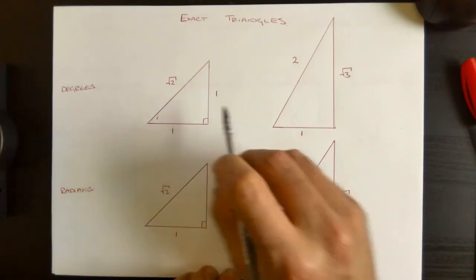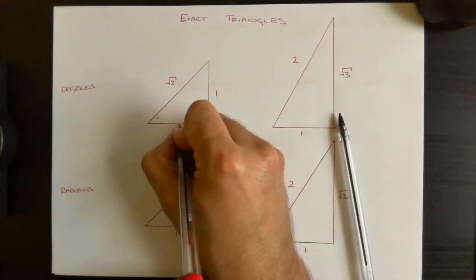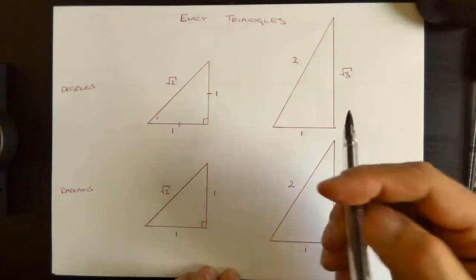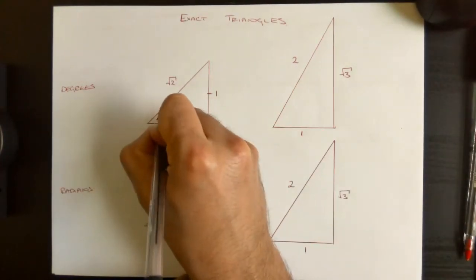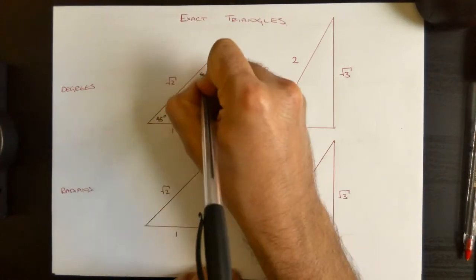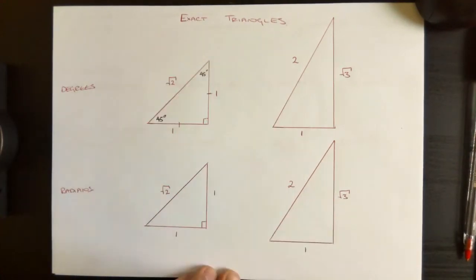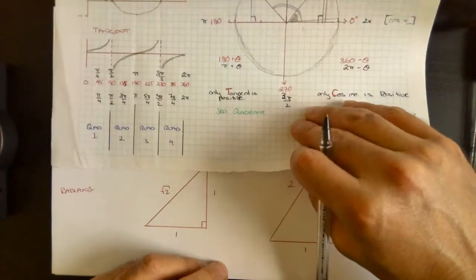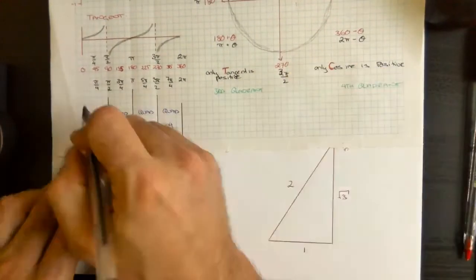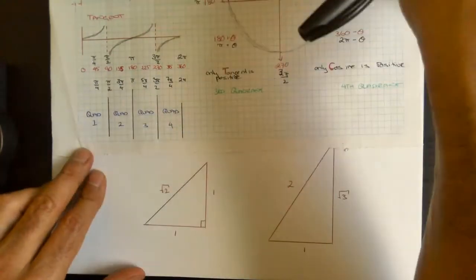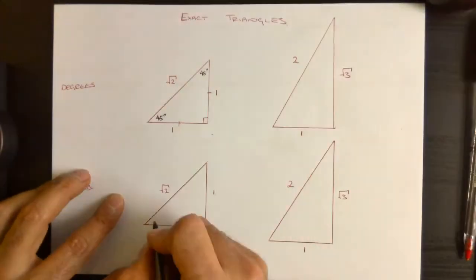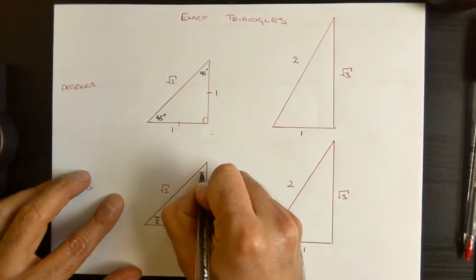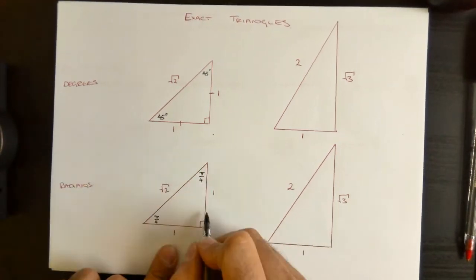If this is an isosceles triangle, then the base angles have to be the same, and in order for that to occur, this needs to be 45 degrees. Okay. Looking back, converting 45 degrees into radians, we know that it will be pi over 4. We do it in radians.